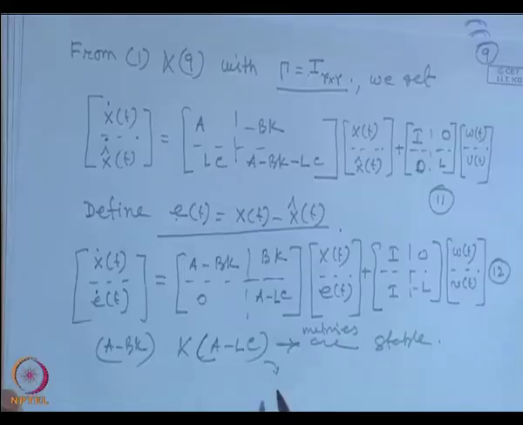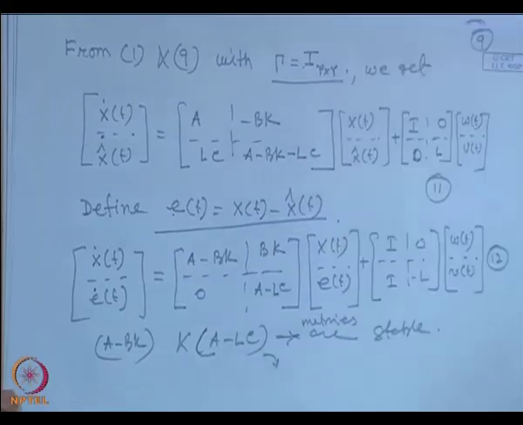In that way, we can get better performance or better closed loop behavior of the system. That means the observer eigenvalues should be 5 to 10 times farther from the controller eigenvalues, and that will give you good closed loop system behavior.